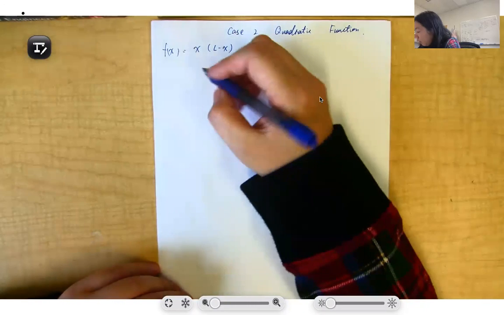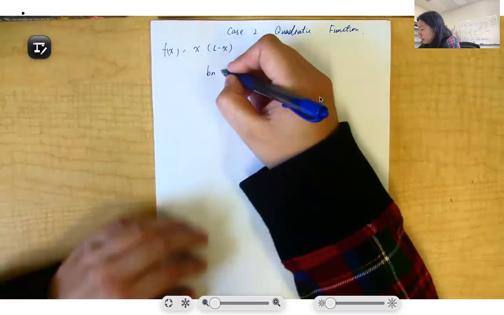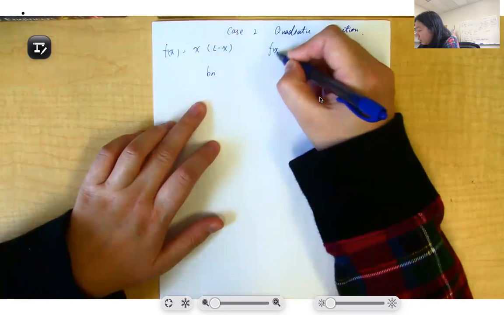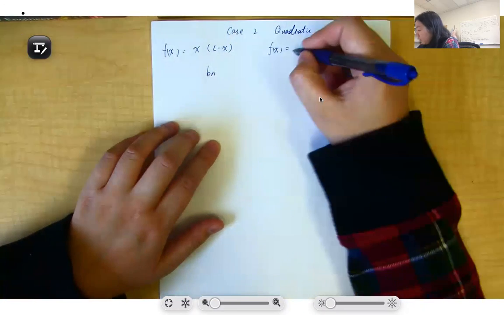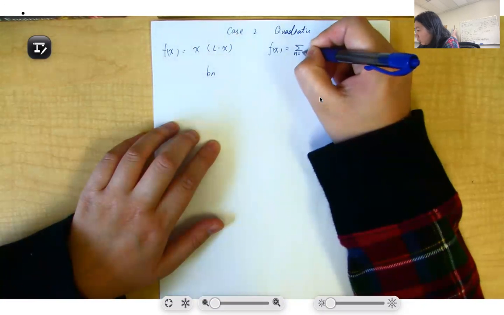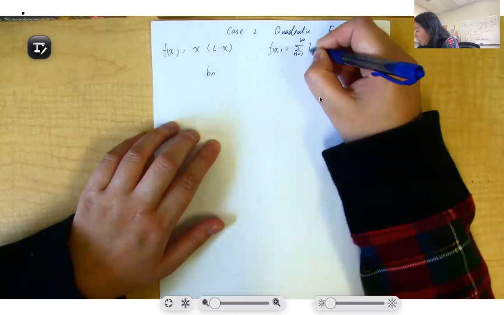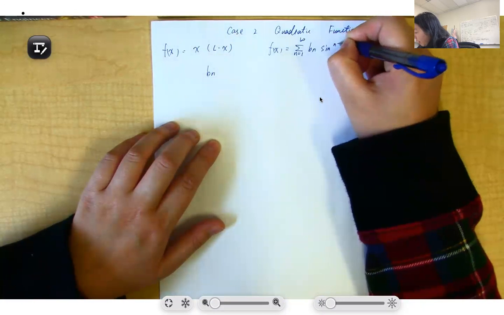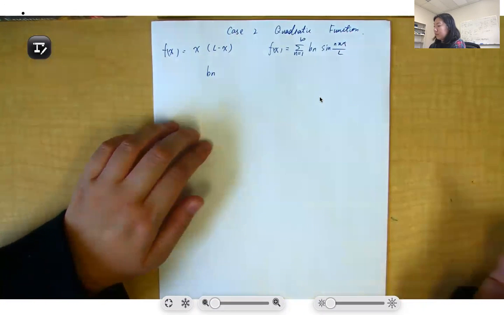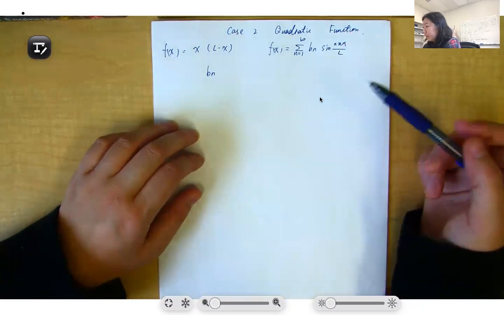Well, we can get our Bn. So we will use f(x) using our derived Fourier series, which is the sum from n equals 1 to infinity of Bn sine(n pi x over L), using this form to represent our f(x).